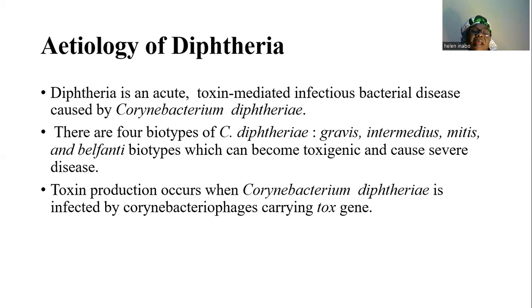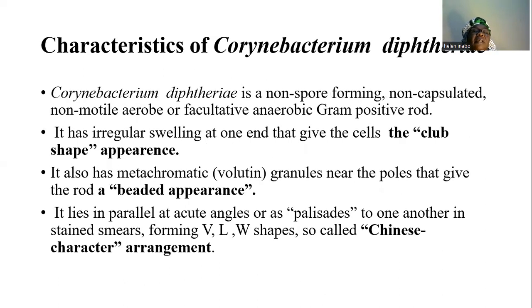These are specific phages that infect Corynebacterium diphtheriae. There are 4 biotypes of Corynebacterium diphtheriae. These include gravis, intermedius, mitis, and belfanti biotypes, which can cause disease.